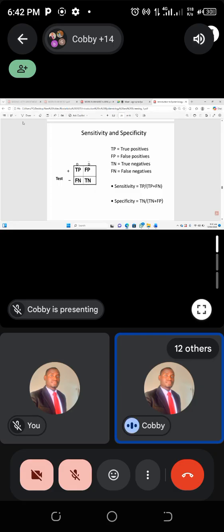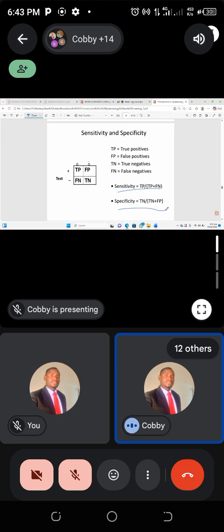So I talked about how to calculate these in our morning session, where we identified the formulas to use when we are doing the test. These are the formulas that we can use. Yeah?